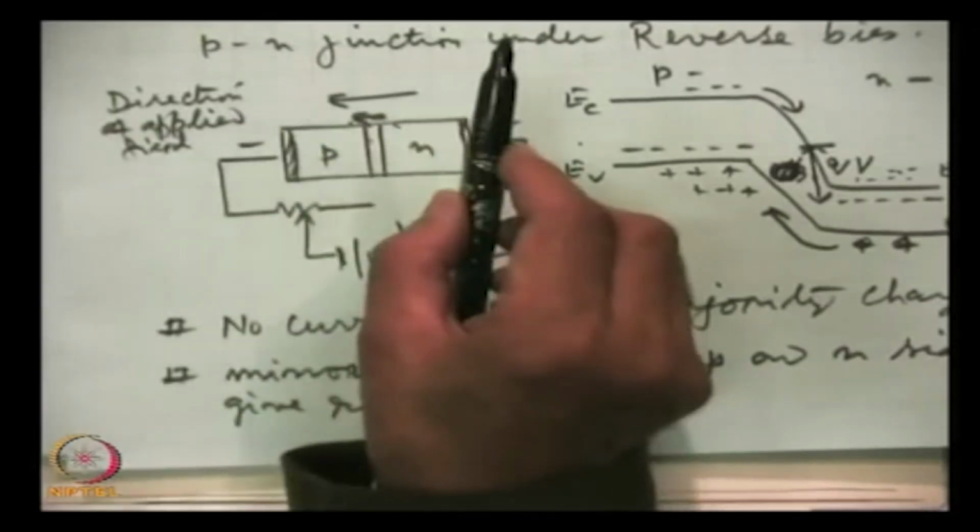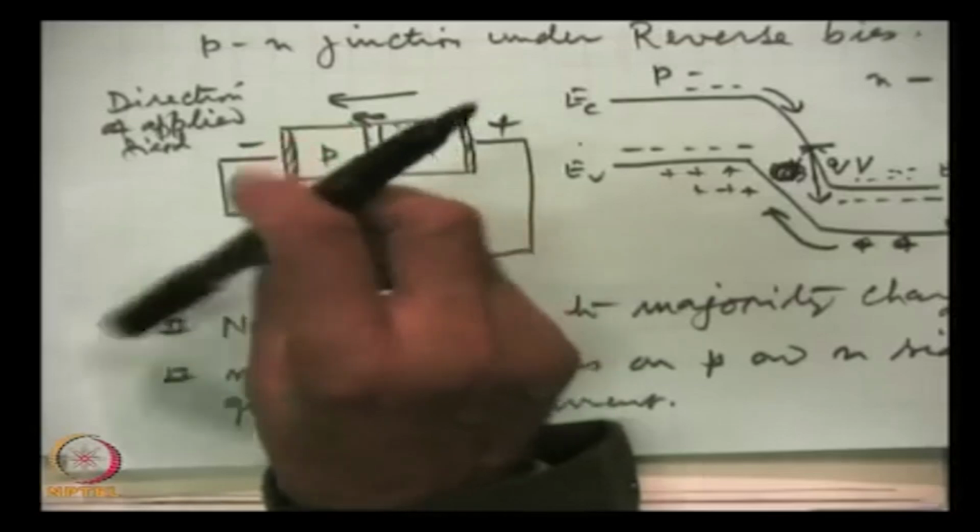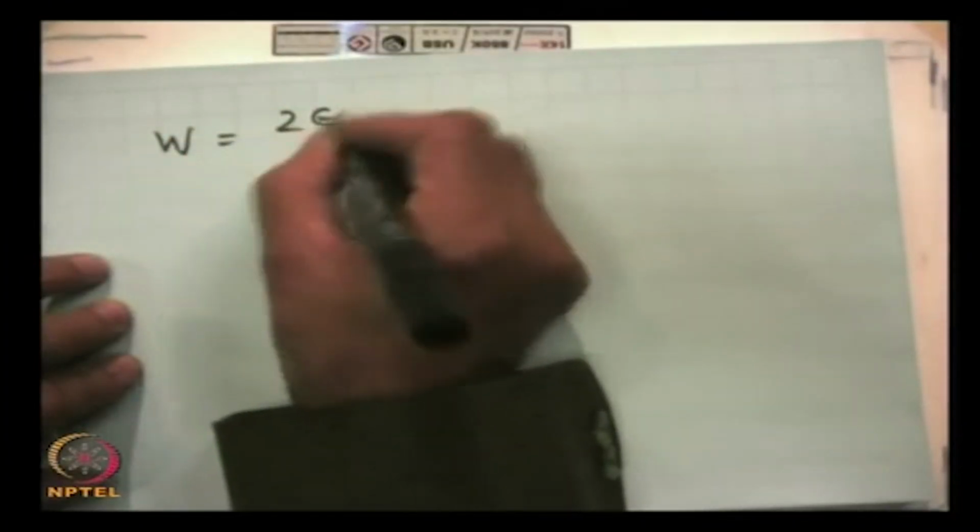When they move, that means that the ionized impurities, larger in number, will be uncovered, and the depletion width will increase with the applied voltage. This is true, even mathematically we have seen that this was the expression which we wrote earlier.